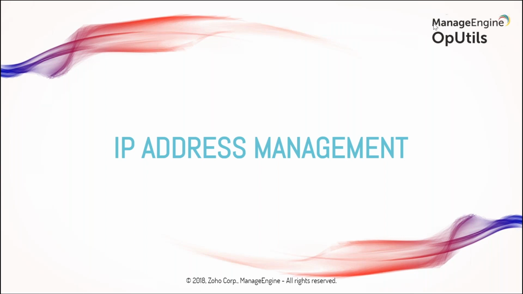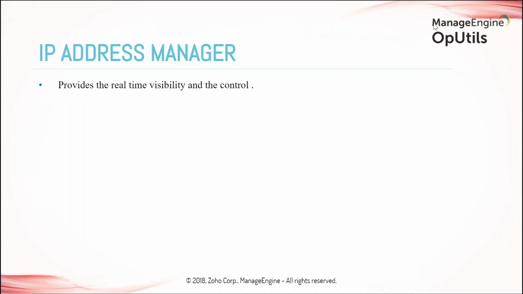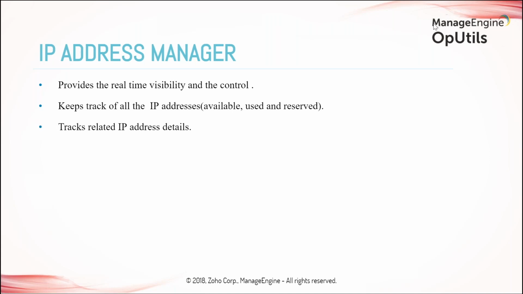So IPAM provides real-time visibility and control of your IP addresses at the IP protocol level, and keeps track of all the IP addresses available, used and reserved, and tracks the related IP address details.